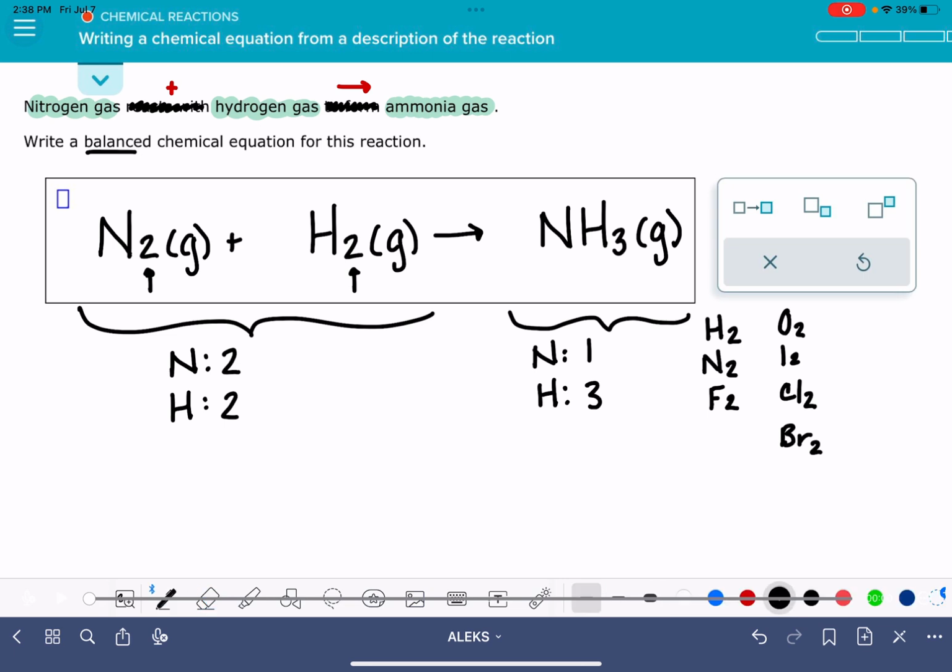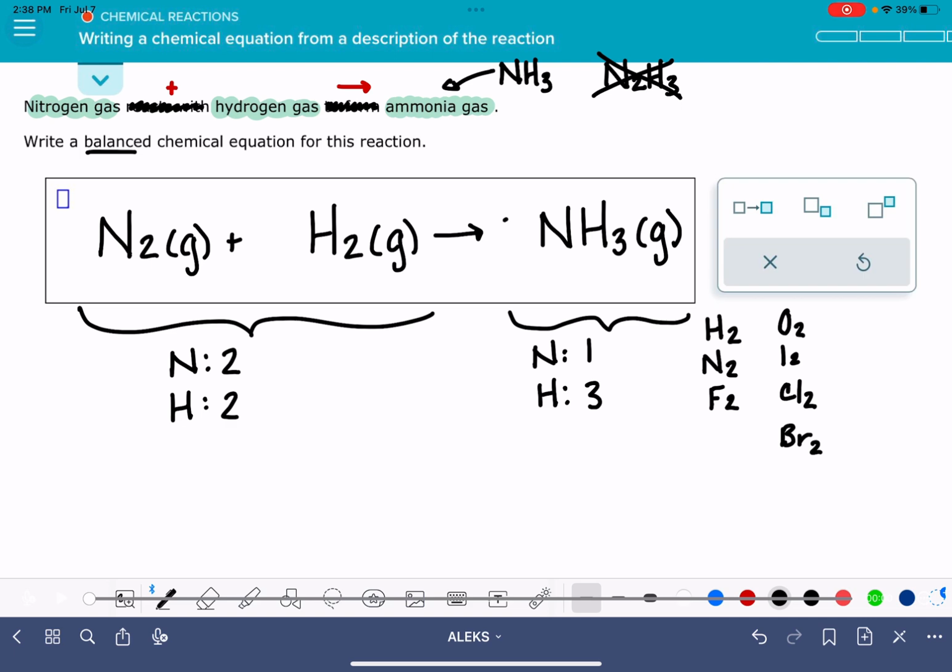To change the quantity of atoms in any molecule, I'm going to do that by modifying the stoichiometric coefficient in front of the molecule. So what I'm not allowed to do is insert a new subscript here, and that would change the formula of the molecule. Remember, when we looked up ammonia, the internet said it was NH3, and that means I'm not allowed to modify that formula to give me more nitrogen atoms.